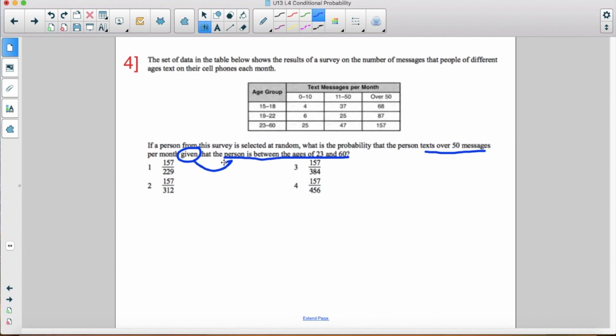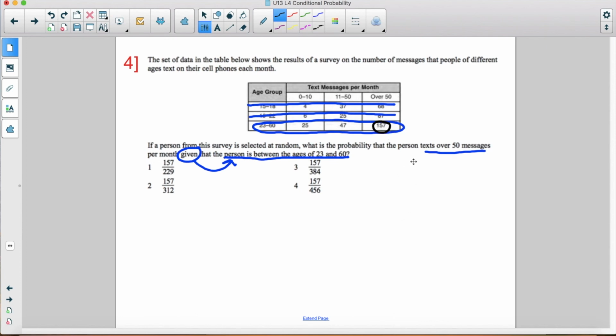So here is our given, the ages. So 23 and 60 is right over here. We don't care about 15 and 18. We don't care about 19 to 22. Okay? Now, the part before that is that they text over 50 messages. So this is the number where they're texting over 50 messages.